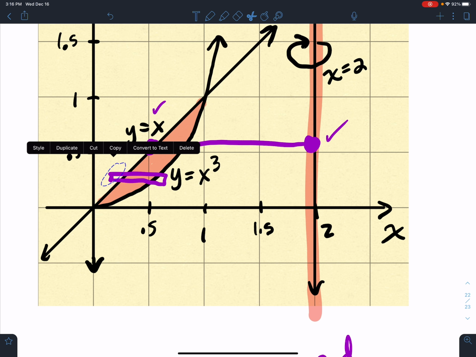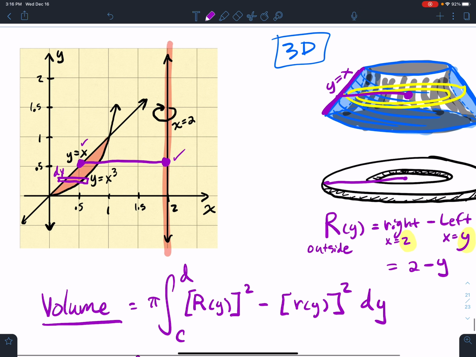But to check this, I set the equations equal to each other. x equals x cubed. This is the same problem as earlier. We found that x equals 1, -1, and 0. So once again, that will tell me if x equals 0, then y is equal to 0 here.